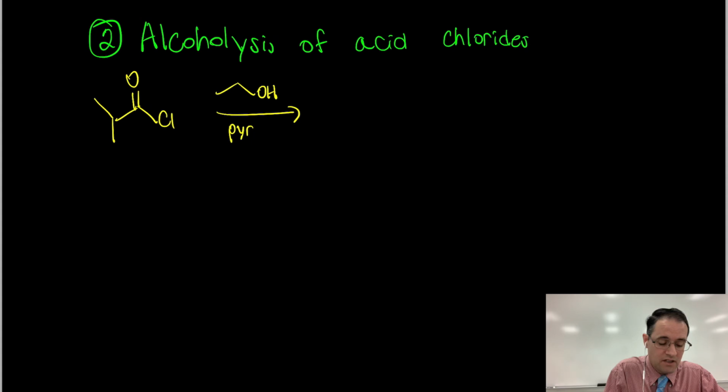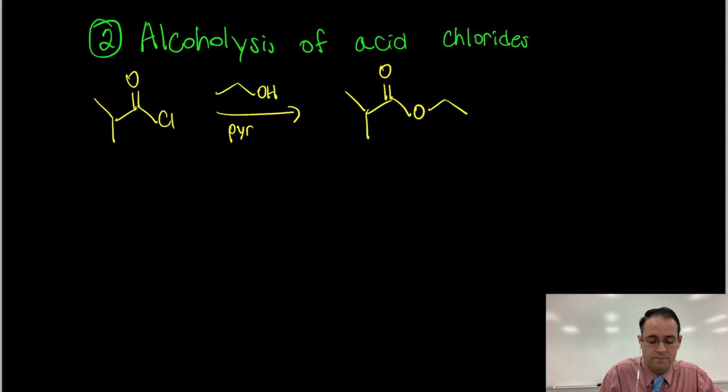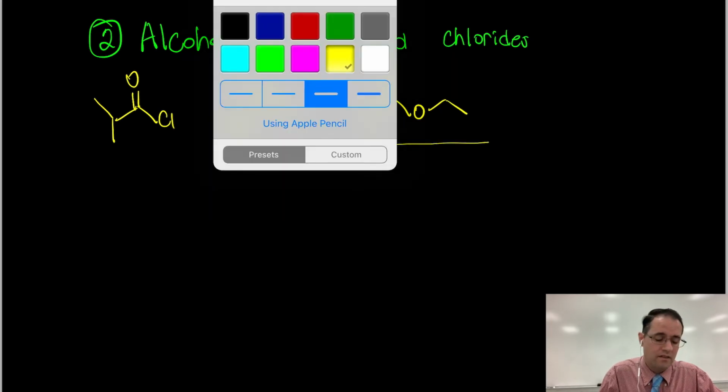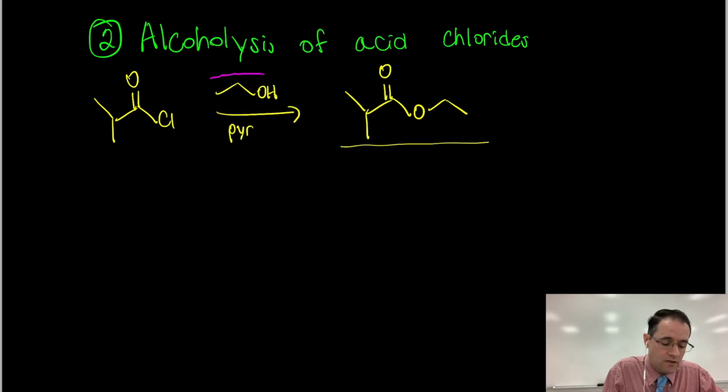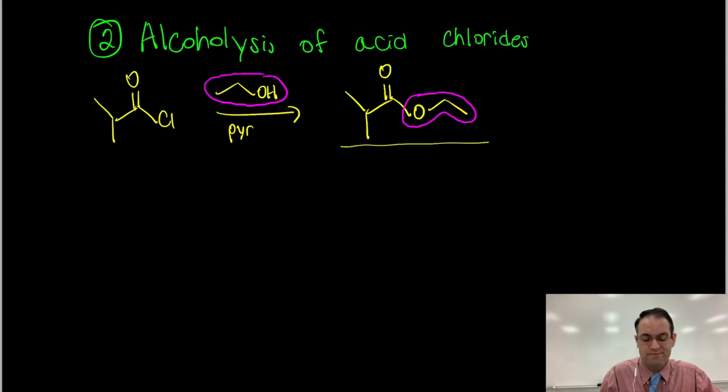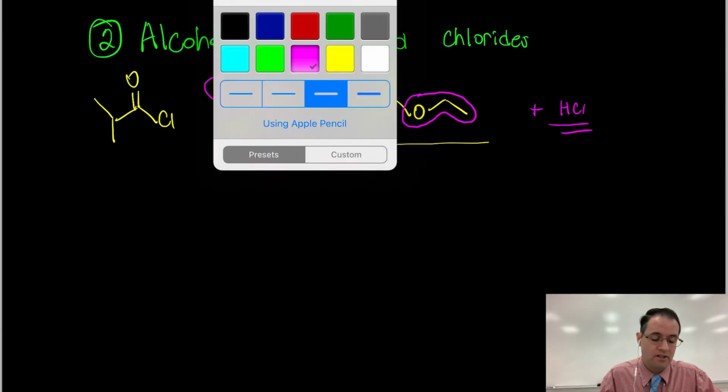The pyridine, once again, is just to absorb any hydrogen chloride that's produced. What we're going to form here is an ester. Okay, so that's the ethyl ester, and you can see that this ethyl alcohol is ending up right here. Okay, and of course you're making hydrogen chloride. We don't worry about balancing these chemical reactions, but technically that's reacted with the pyridine, right?